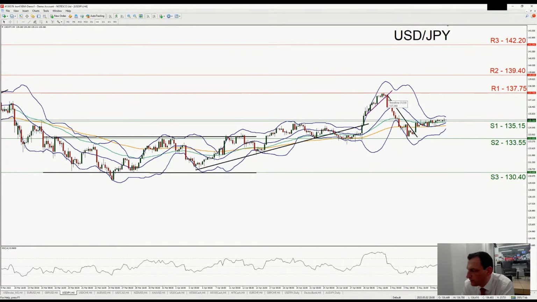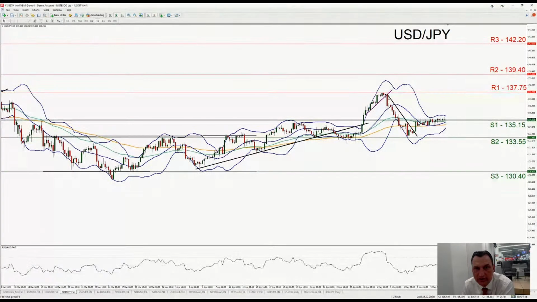So the R1 is not as far away from the price action as initially thought of. However, for that to happen, we have to see a very clear-cut strengthening of the US dollar here for USD/JPY to reach the R1. On the other hand, should the US dollar weaken, we may see the pair dropping, breaking the S1 135.15, testing, if not even breaching, the 133.55 as well.